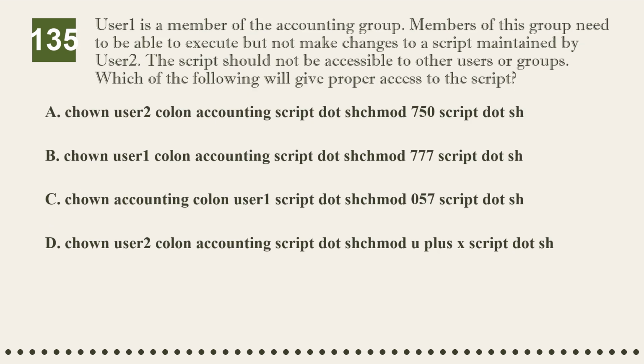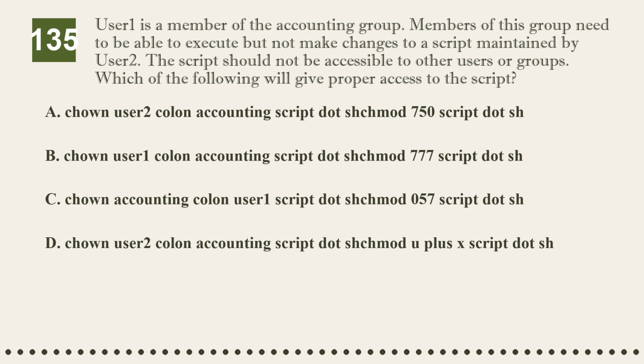Question 135. User1 is a member of the accounting group. Members of this group need to be able to execute but not make changes to a script maintained by user2. The script should not be accessible to other users or groups. Which of the following will give proper access to the script? Option A, chown user2:accounting script.sh; chmod 750 script.sh. Option B, chown user1:accounting script.sh; chmod 777 script.sh.